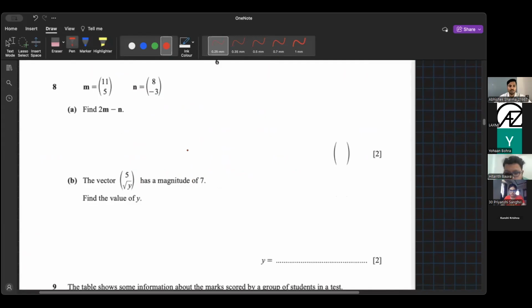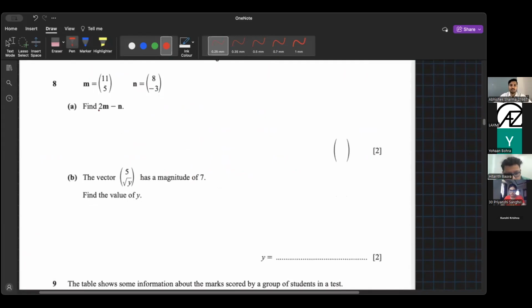Let's move on. Question number 8, it says find 2m minus n where vectors m and n are given to us. So let's find 2m first. Can I write 2m is equal to (22, 10)? And we have to do 2m minus n.